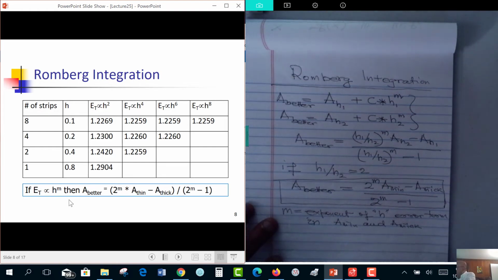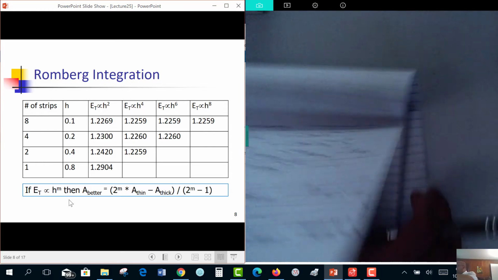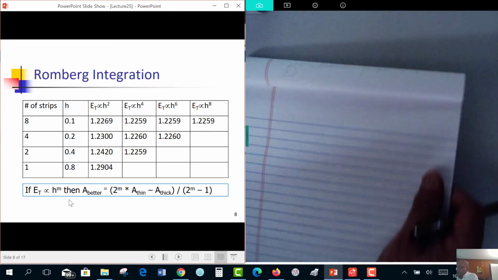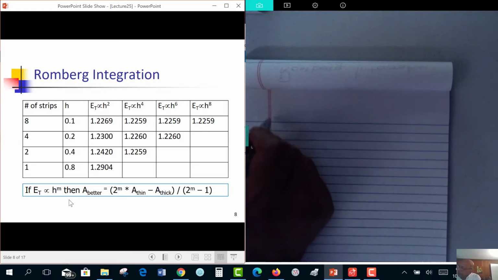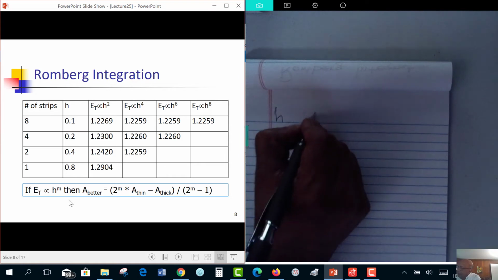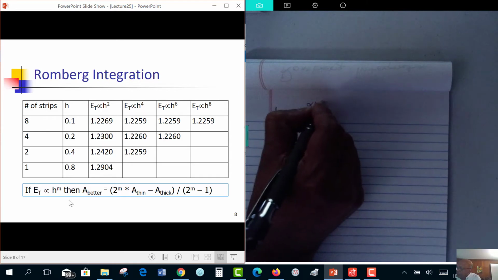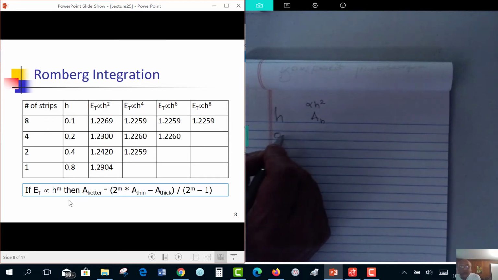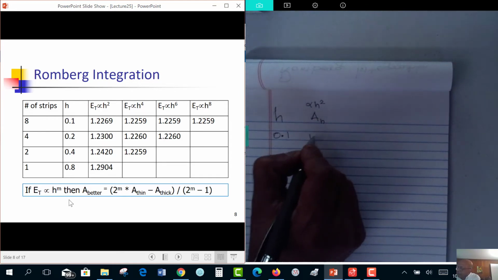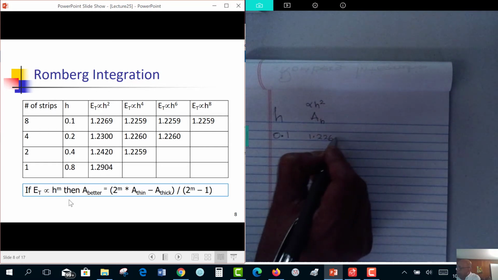So let's make a table, a Romberg integration table. Here is h. Here is using trapezoidal rule. We had 0.1, we had 1.2269.